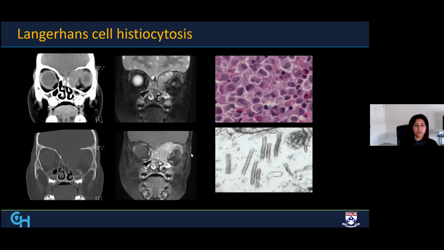It can also involve the pituitary gland and result in diabetes insipidus, stalk thickening, and rarely can involve even brain parenchymal lesions. There can be spine lesions and other areas of bony involvement when it is a more widespread type of Langerhans cell histiocytosis.